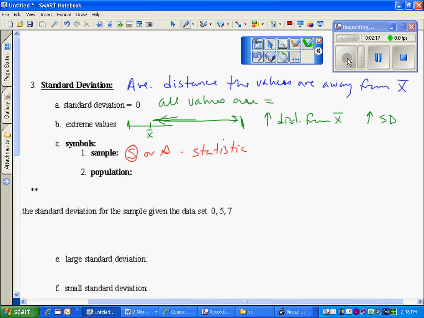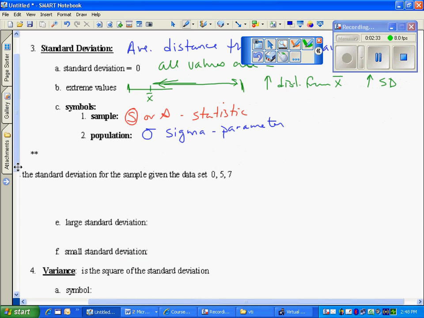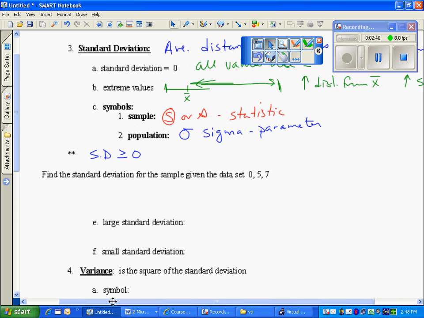In my population, my symbol for the standard deviation of population is a circle with a line called sigma. And that comes from a population, so it's called a parameter. And what we need to realize about standard deviation is that it will always be greater than or equal to 0. We'll never have a negative standard deviation because we can never have a negative distance.